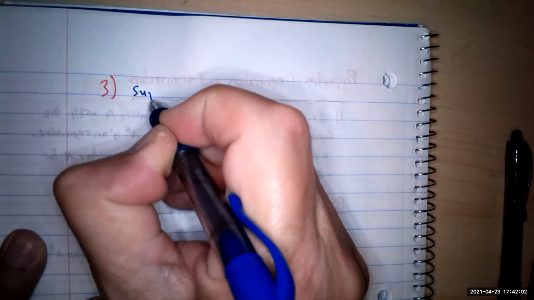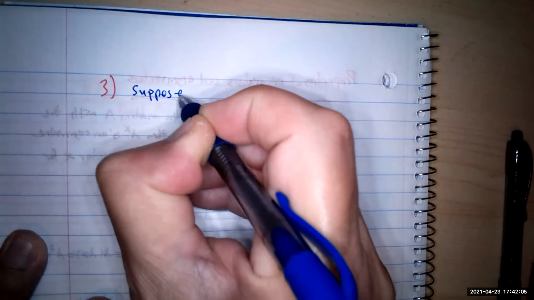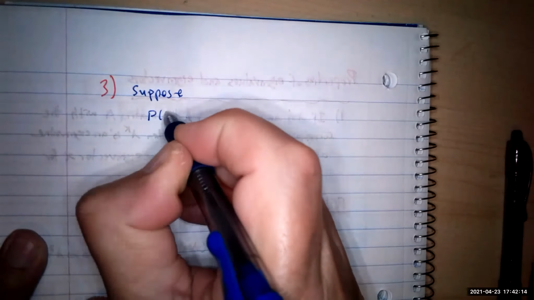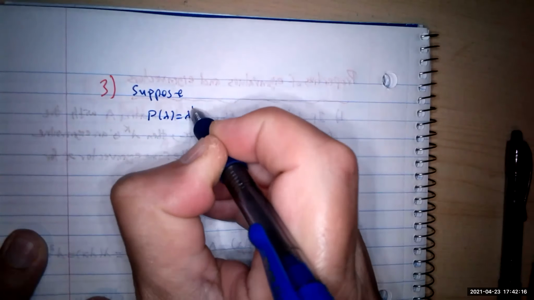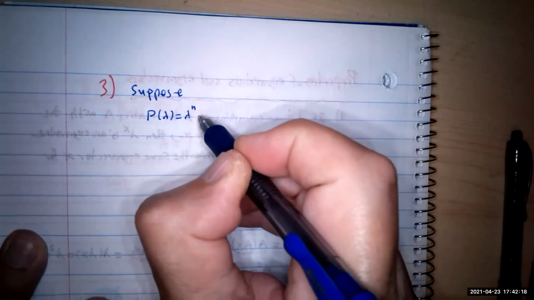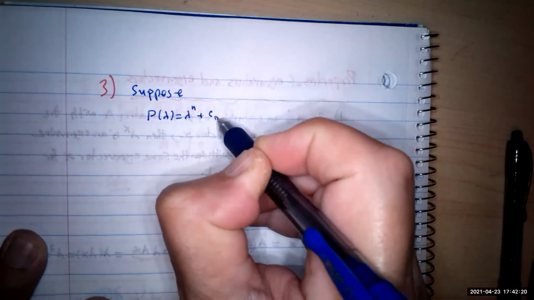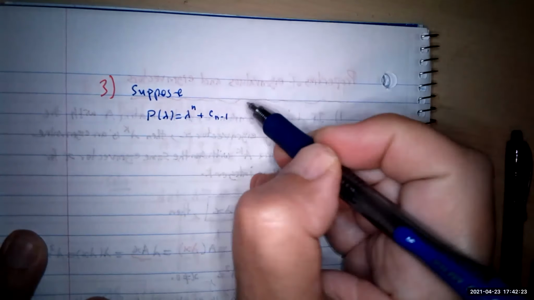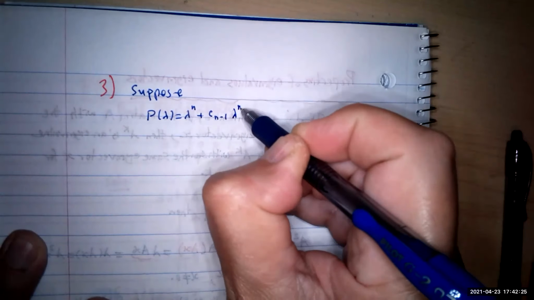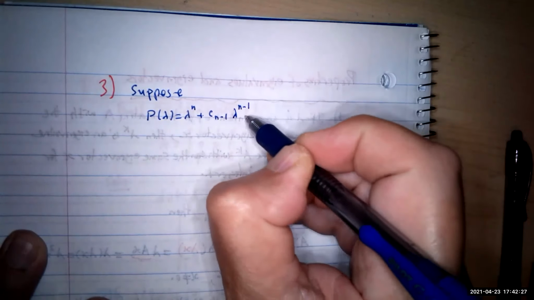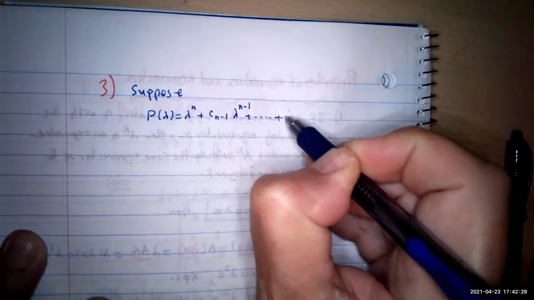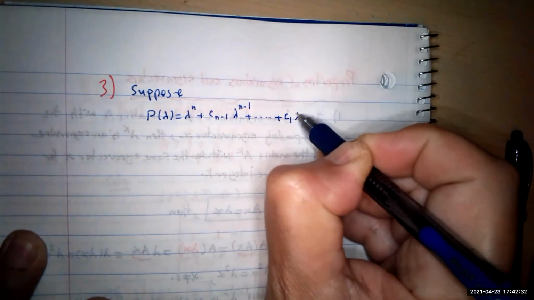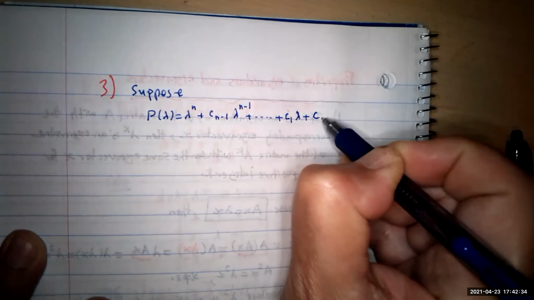So let's observe this characteristic polynomial. Suppose P of lambda equals lambda to the n, a polynomial of degree n, plus C_{n-1}, just a number, times lambda to the n minus 1, and you just keep going until we get to C1 lambda plus C0, where C0 is the constant.